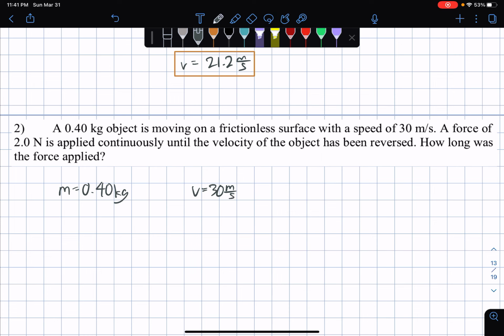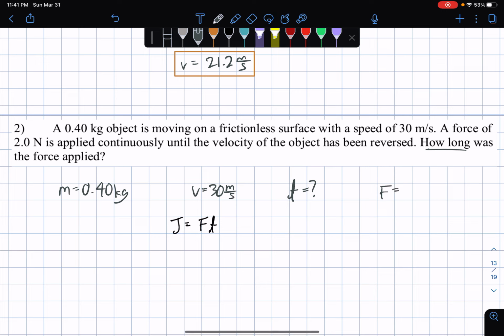So how long was the force applied? I believe this is going to be an impulse kind of problem. So let's bring out the impulse formula. J is equal to F times T. I believe time is missing, since what's being asked is how long. That's the key phrase.